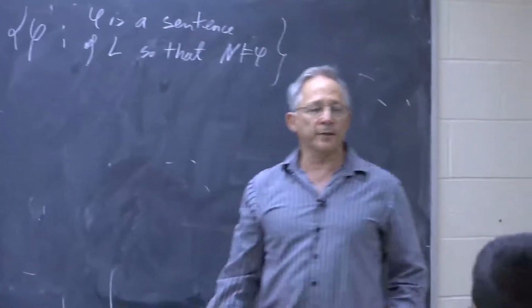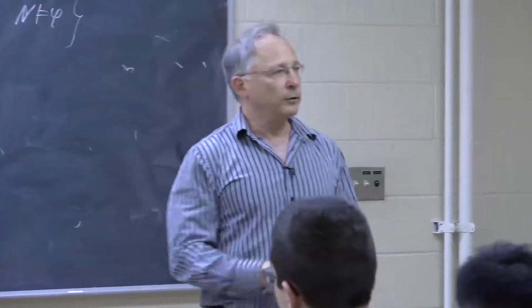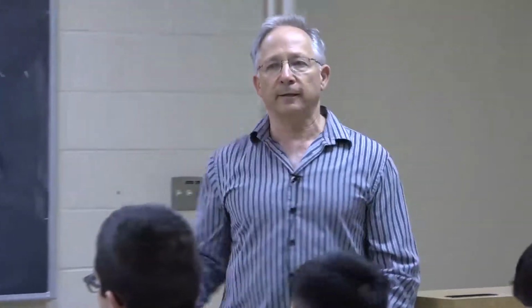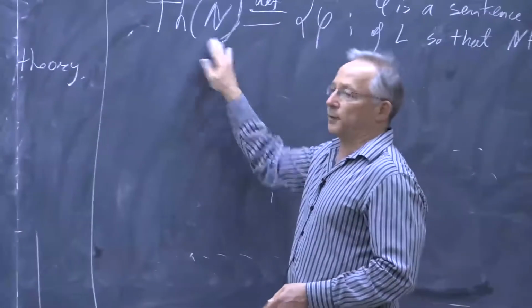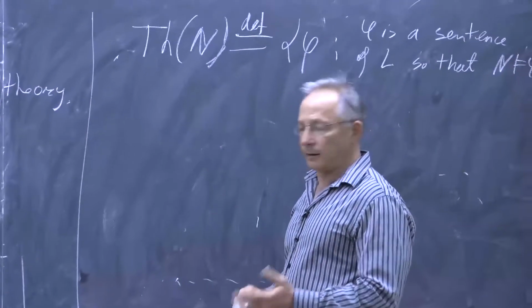So the theory of a structure is the set of all sentences that are satisfied in this structure. It's the maximum that I could have said about the structure. Everything that's true about the structure, I threw it in. So this is the theory of a structure in a certain language.